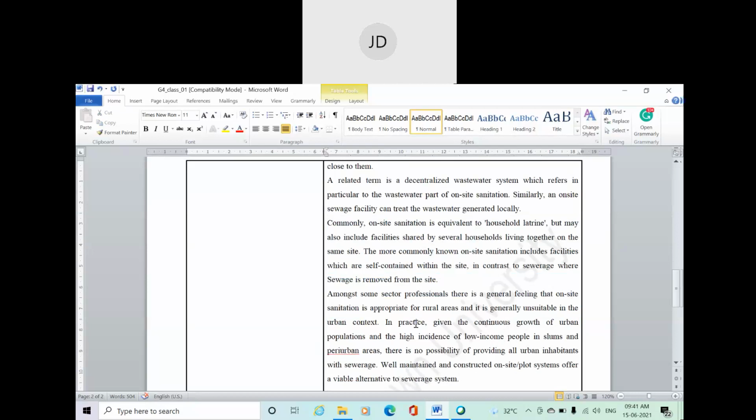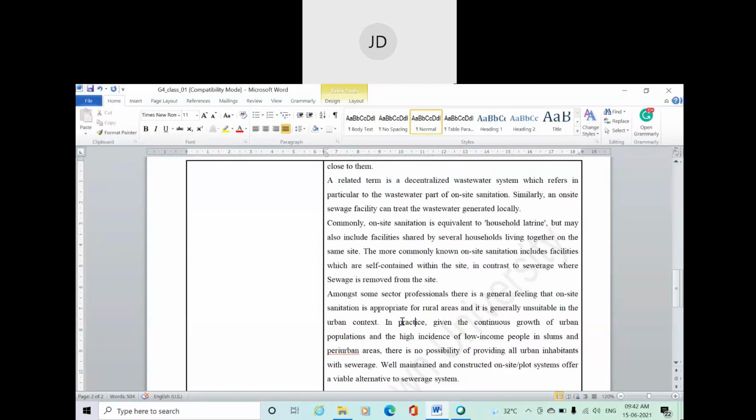Because in urban areas we don't have that particular area or environment for treating that waste. We have to take it away to an outskirt area if we're dealing with an urban area, but it is not the case in rural areas. We can go for treating the waste even at the site.